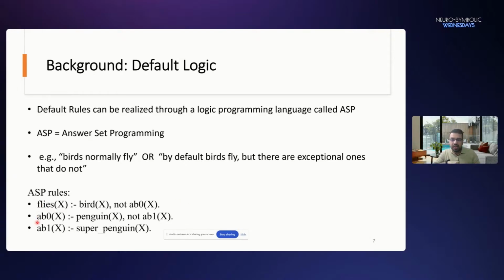For example, the same rules can now be written in this syntax where you've just replaced the implies with this colon dash, and the and becomes a comma. So it's the same thing again, but just the syntax changes. But now the good thing is we can pass these rules through an answer set programming interpreter and actually find values for X or do all sorts of reasoning.